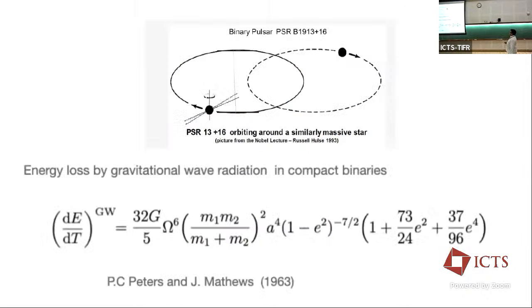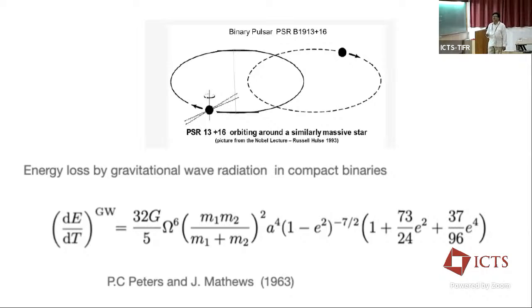Okay, so gravitational waves were actually not discovered at LIGO. They were discovered with this stellar binary pulsar, in the 70s. They discovered that when you have binaries orbiting around each other, there is a loss in the time period of these binaries.